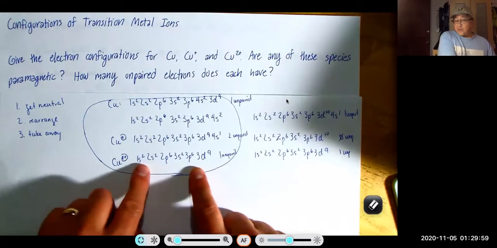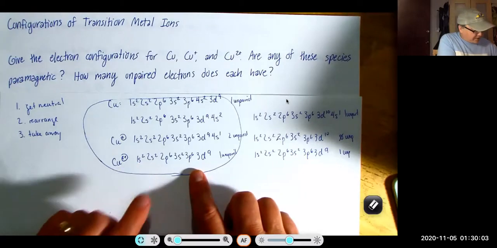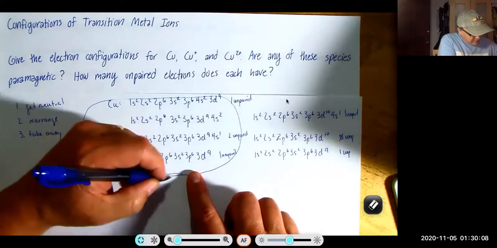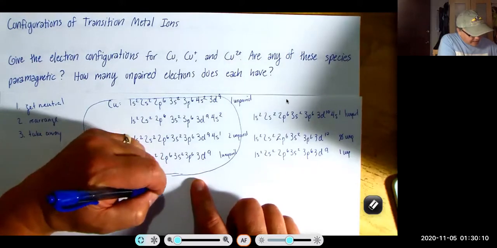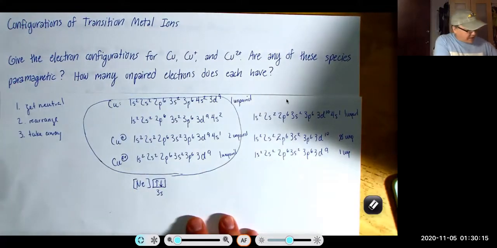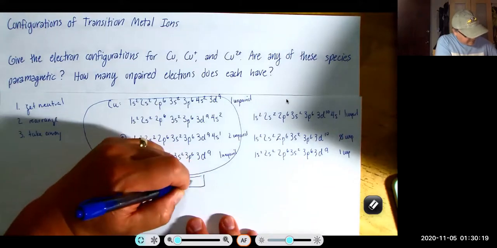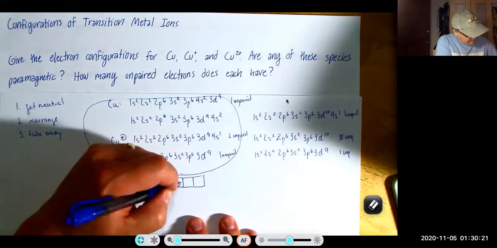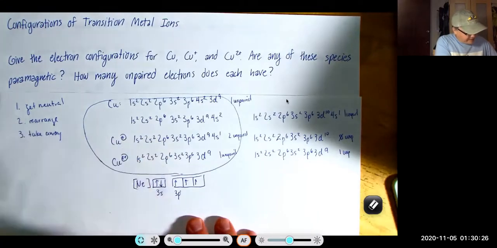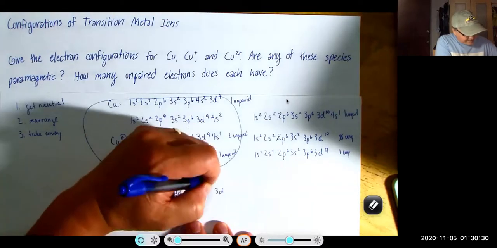Now, for those of you who are having a little bit of trouble looking at this one and seeing how that has 1 unpaired, let's look at the noble gas electron configuration, which would be neon, 3s, and I'm going to write out the orbital box notation. So there's your 3p, and then here's your 3d.